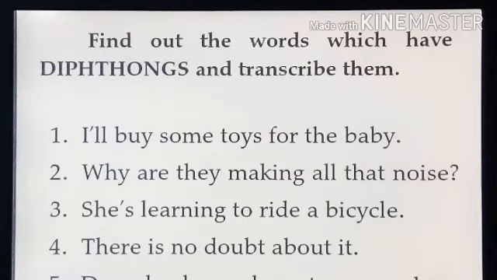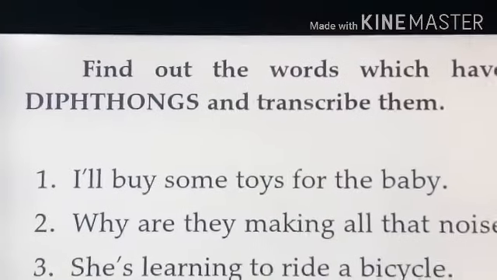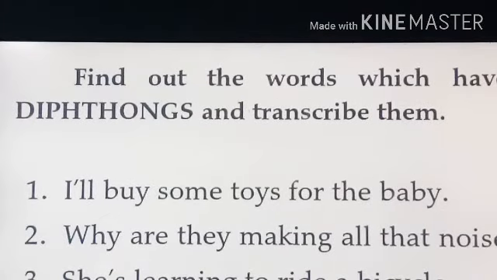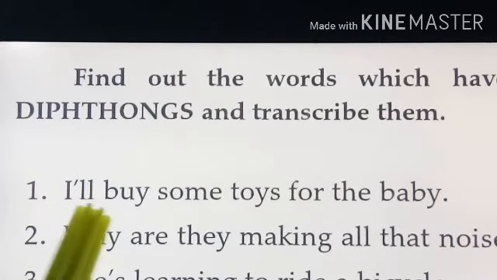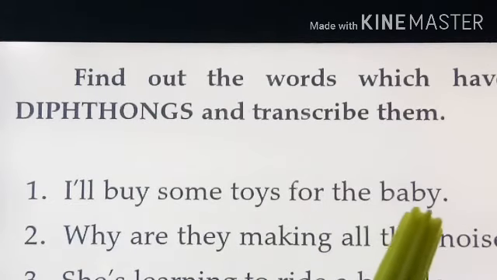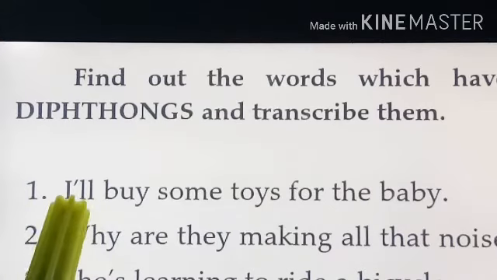Now let us have a small exercise on understanding the diphthongs. Here we have some sentences from which we have to trace out the diphthongs. In the first example, we have: I'll buy some toys for the baby.